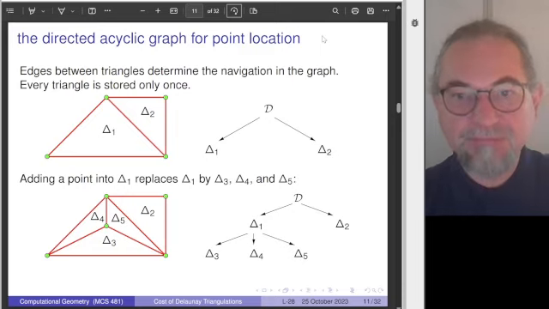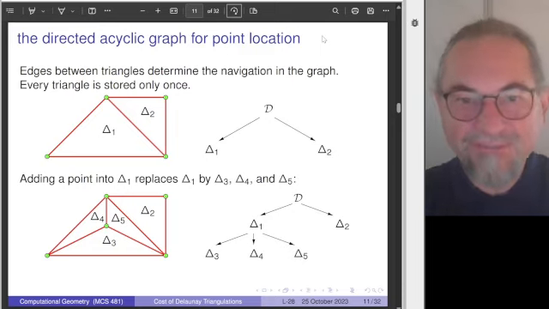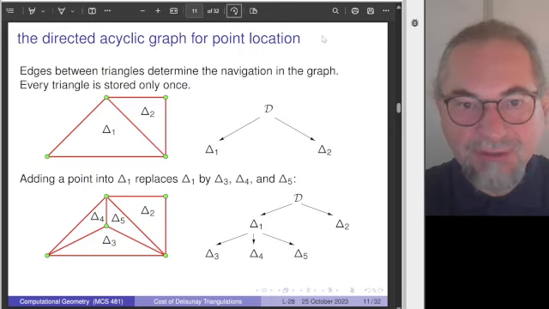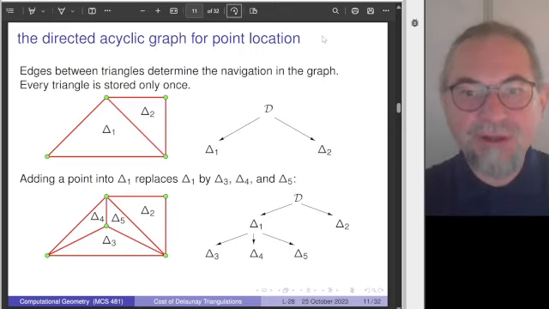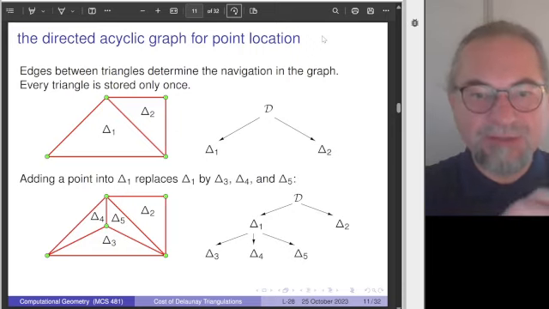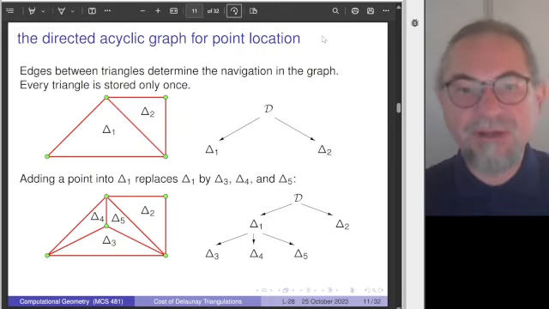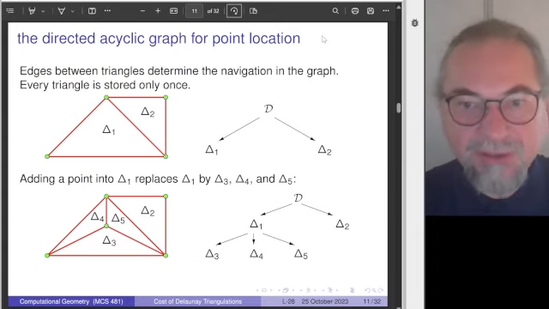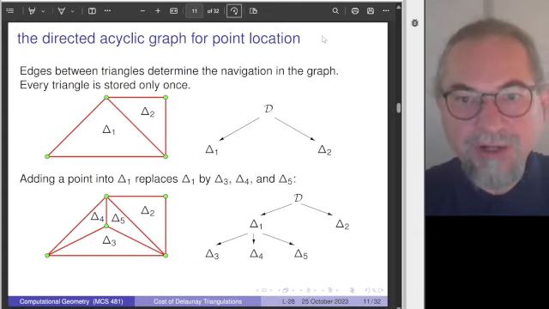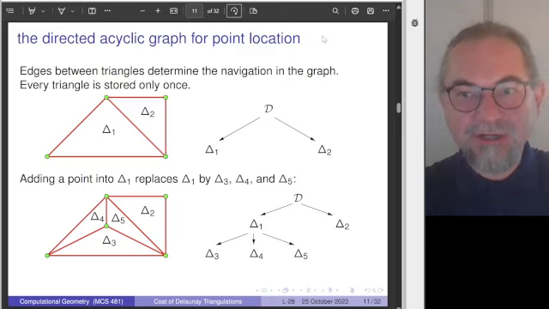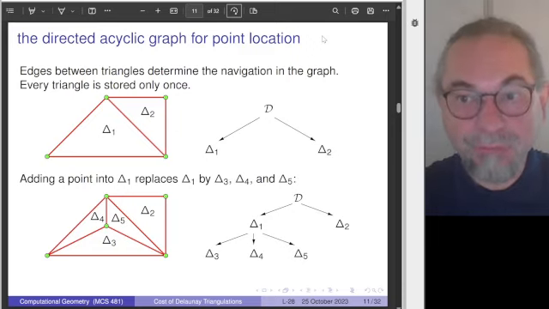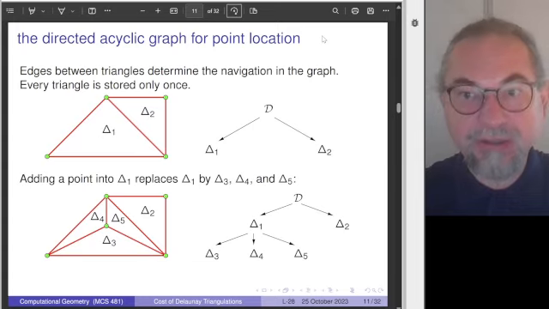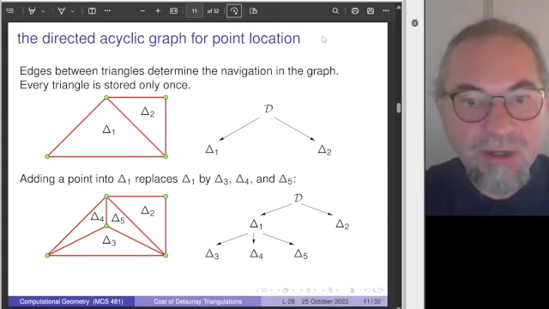In the example I have two triangles, and it looks like a binary tree, but you could also interpret this as a forest of trees where we start at the triangles delta 1 and delta 2. The root is actually the information stored from the initial big triangle.